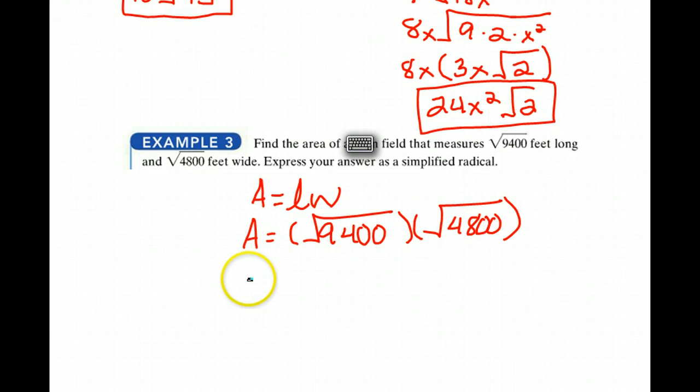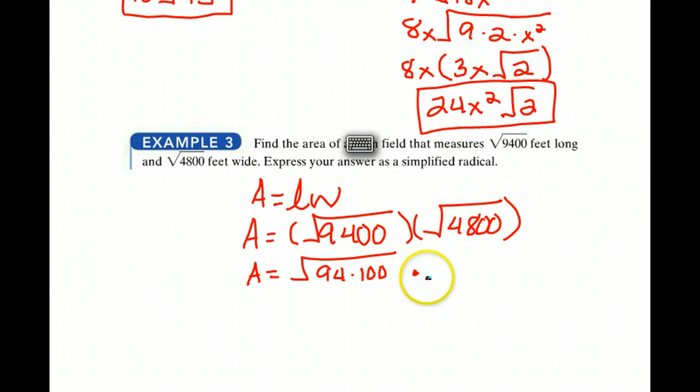As you are evaluating this problem, before you go any further, it's probably going to be easiest for you to think about this as terms of 94 times 100 times 48 times 100. The reason that I suggest that is because 100 is a perfect square.